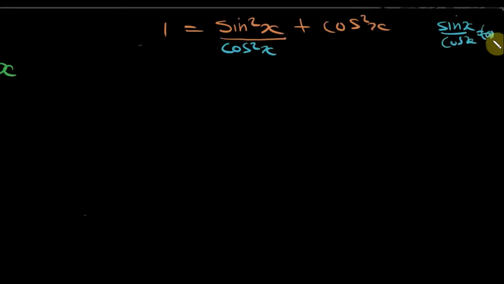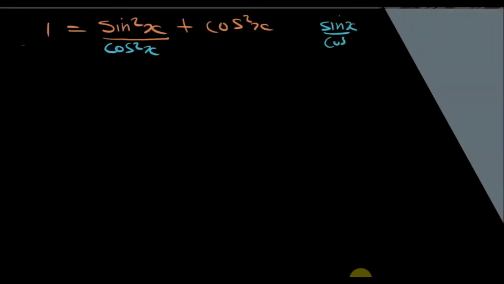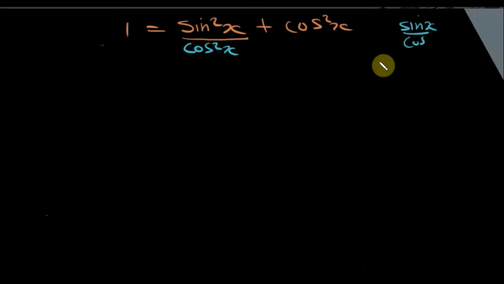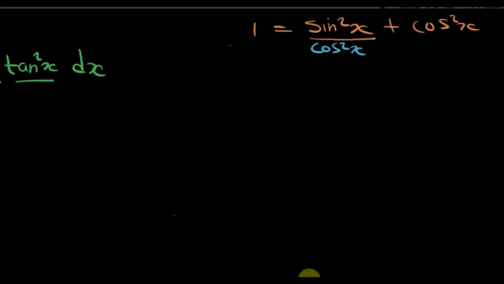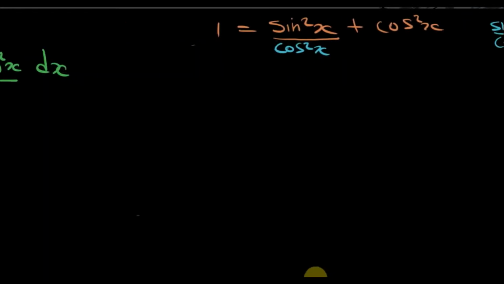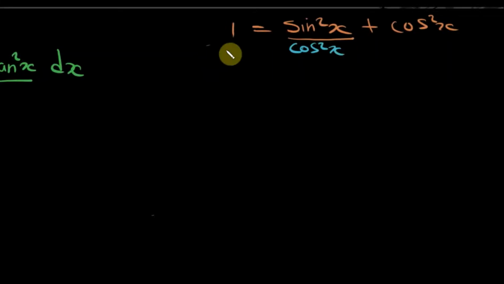I'm sorry about my writing there. Okay, I'm out of page here. This is the same thing as tan x. Okay, cool. So we'll just divide everywhere by cos squared x.